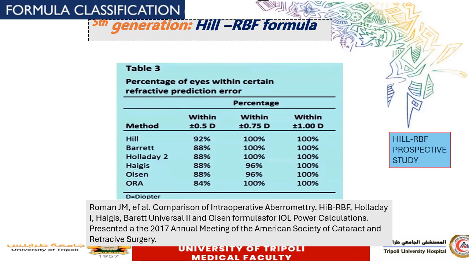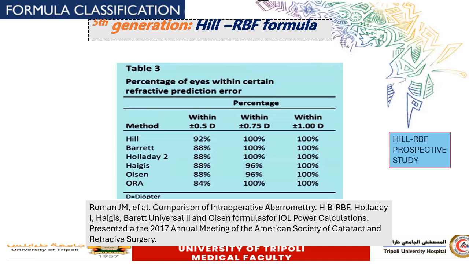This study was done by the Roman group for the comparison of the different IOL formulas, and you can see clearly that within plus or minus 0.5 diopter of prediction error, the Hill-RBF formula achieves around 92% accuracy, and within a range of plus or minus 0.75 and plus or minus 1 diopter, there is 100% accuracy.